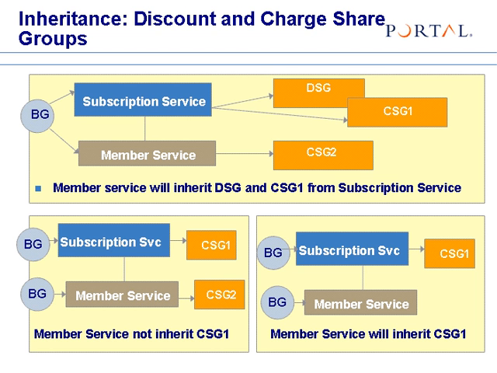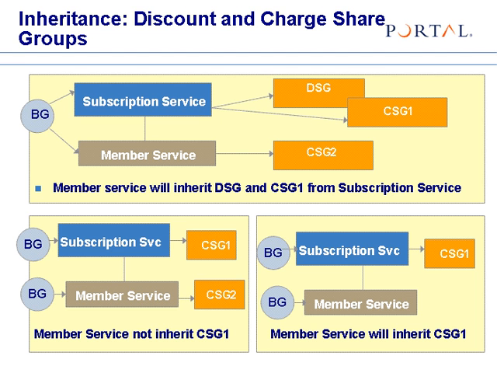Now, sharing of discount and charge share memberships is yet another set of rules, okay? The most straightforward situation is when the subscription service and the member service both share a balance group. In that case, the member service will inherit all of the group memberships that the subscription service is in, okay?